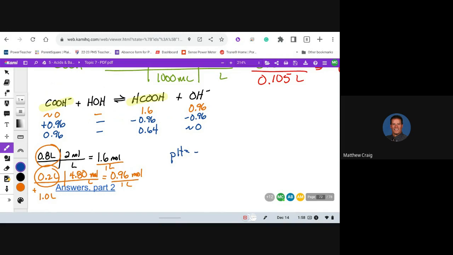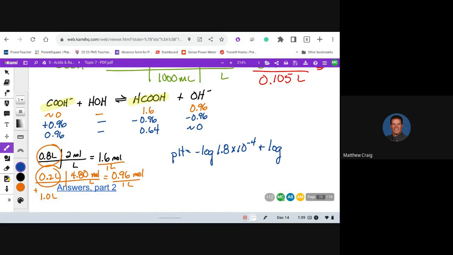So the negative log of 1.8. I mean, if you like adventure, this is where it's at. Now, who is my A minus that goes on top? 0.96, the COO. And the HA is the H with the A, so the 0.64. So again, order of operations.